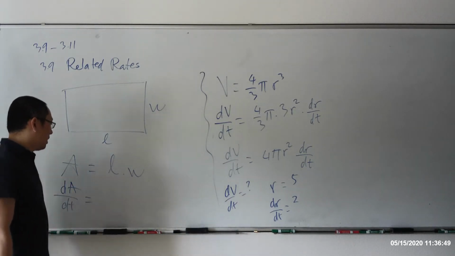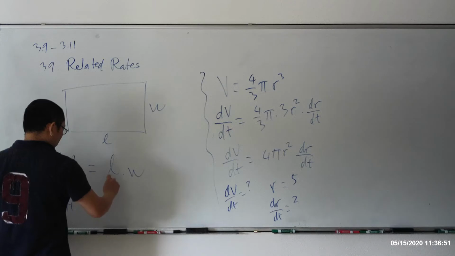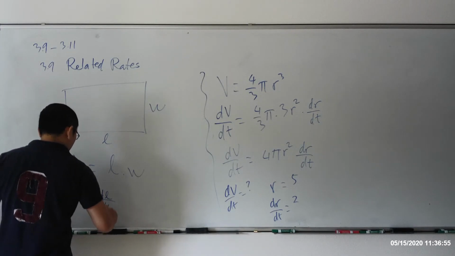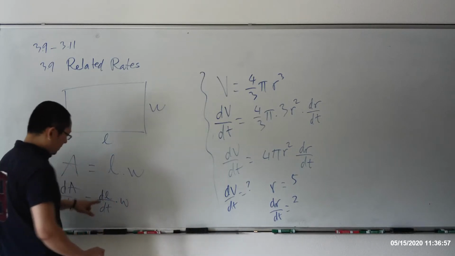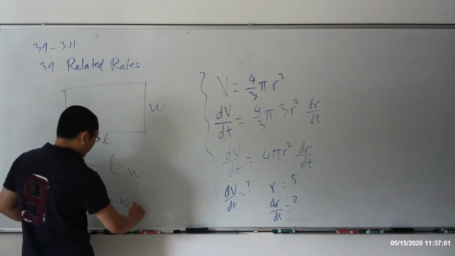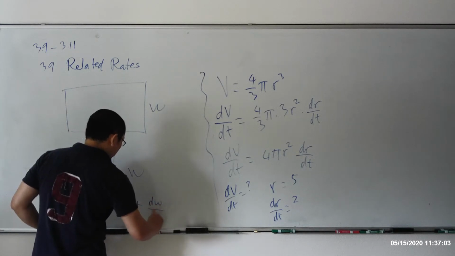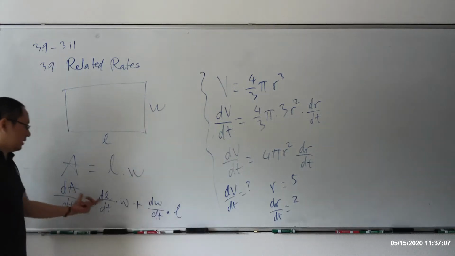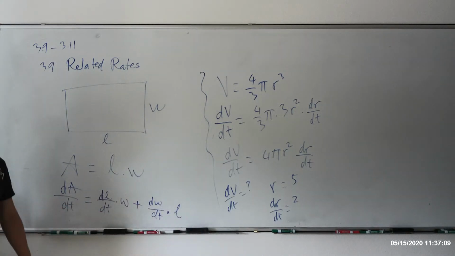The derivative of the product is the derivative of the first, so dL over dt times W, plus the derivative of W, dW over dt, times L. And of course, if they give you a number, you plug it in, you have the answer.